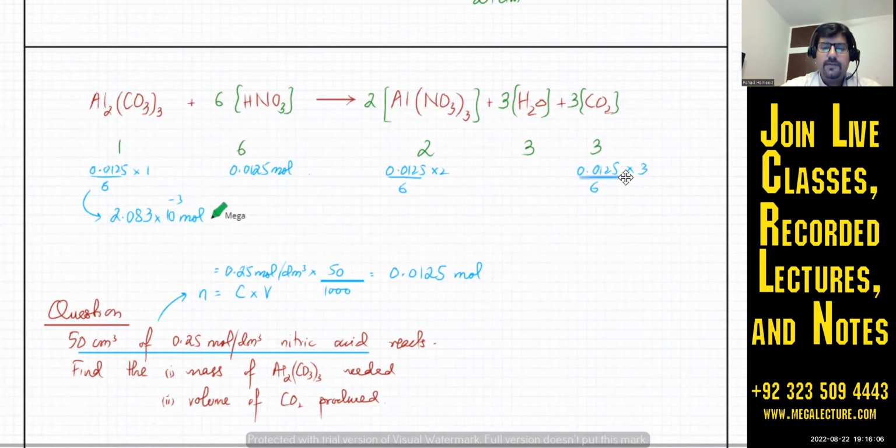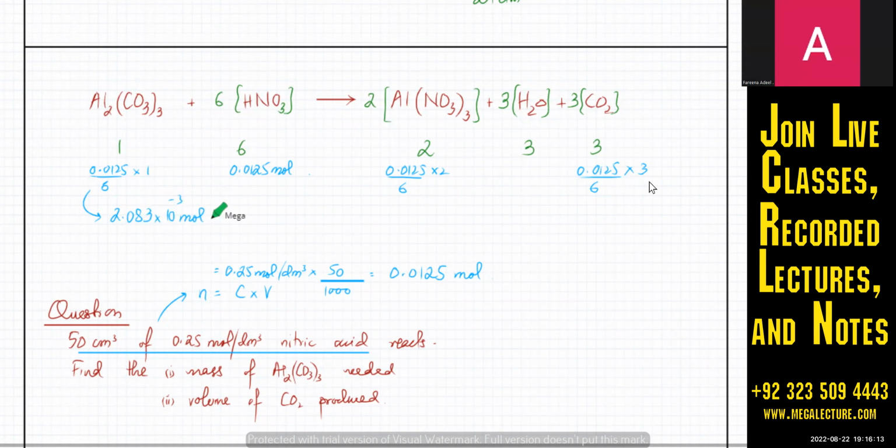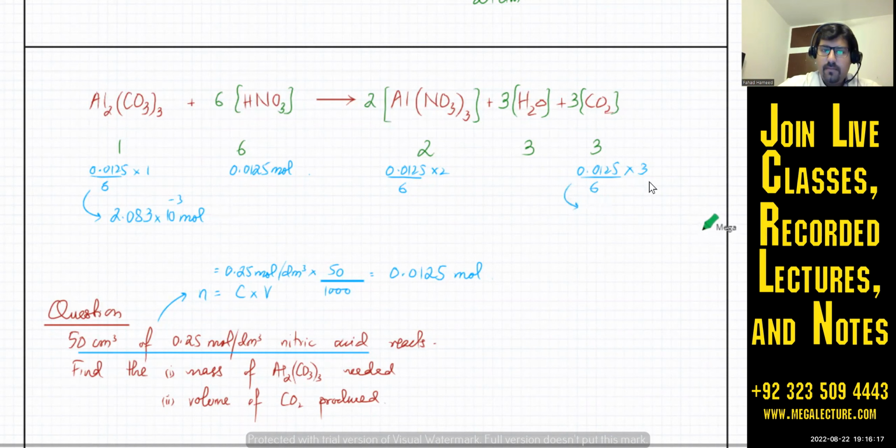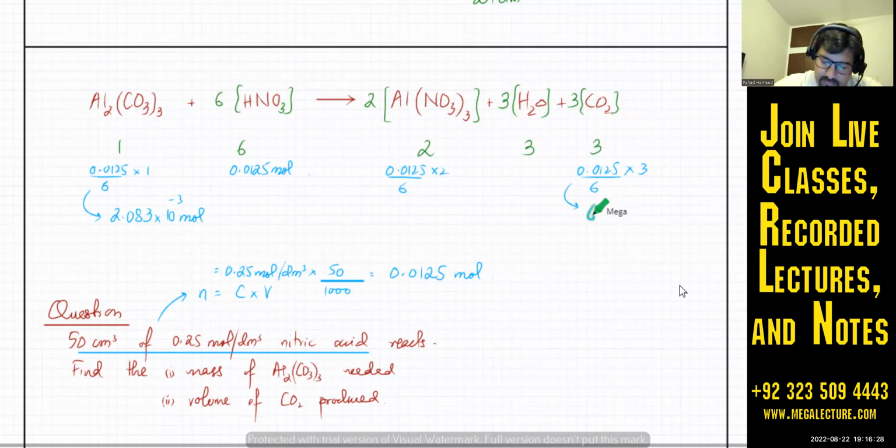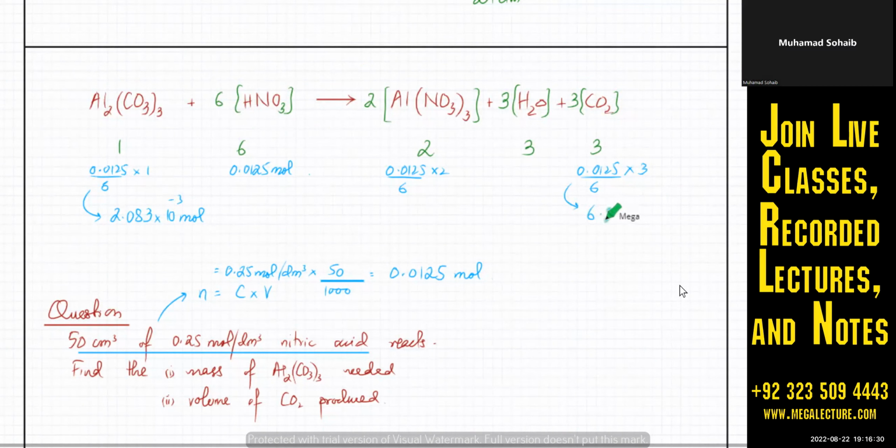What about the moles of carbon dioxide? Did anyone try and calculate this, 0.0125 divided by 6 times 3? How many moles did you get? 6.25 times 10 to the power -3. 6.225?